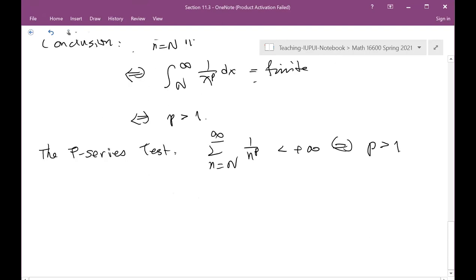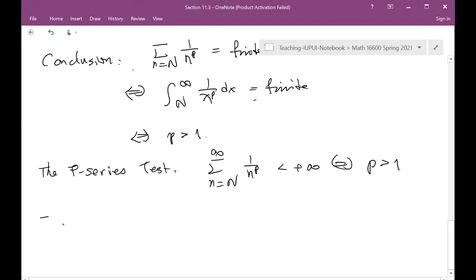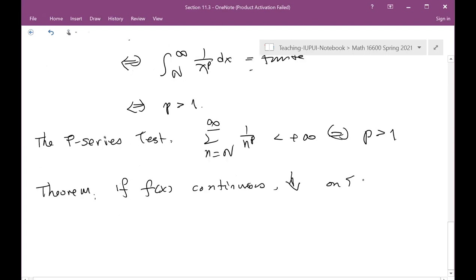In general, I'm going to state the theorem. Here's a general theorem that uses the same idea. Here's a function. We assume that f of x is continuous and decreasing on the interval from N to infinity.